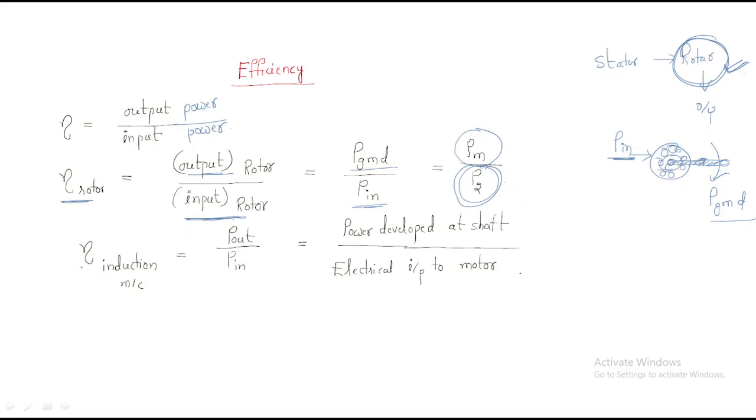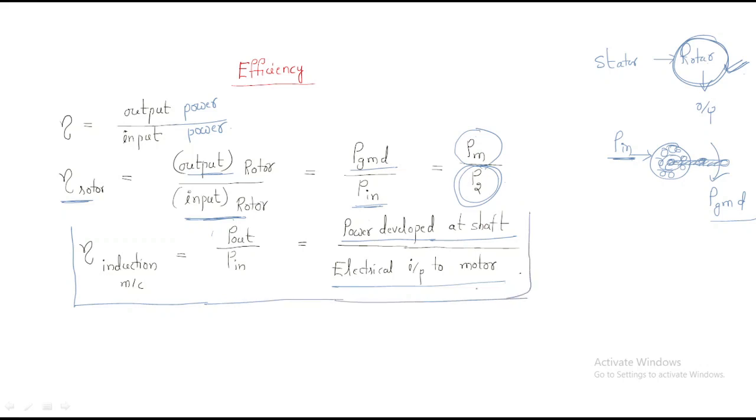Then the efficiency of the induction machine is the final output over input. The output is the power developed at the shaft, and the input is the electrical input to the motor. So this is the efficiency of the induction motor.